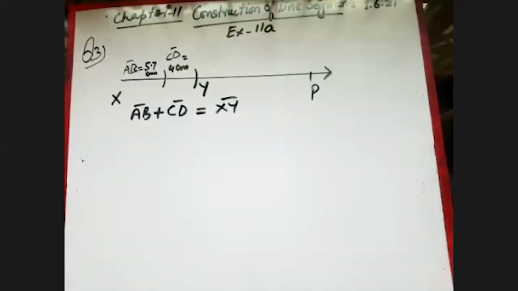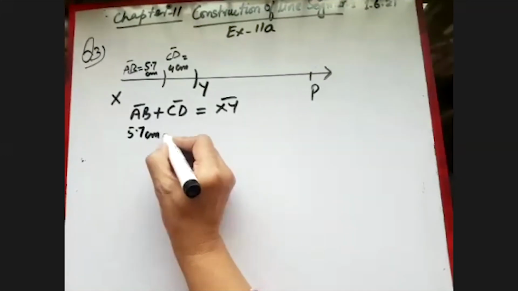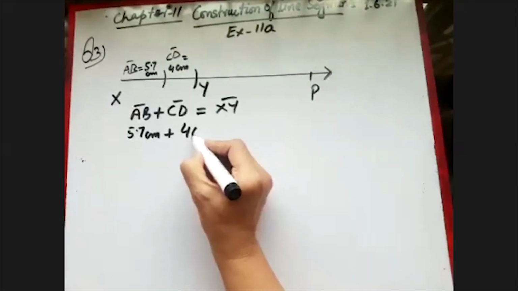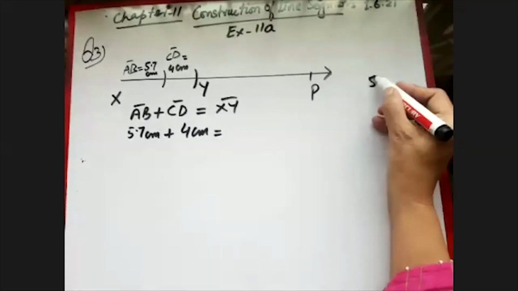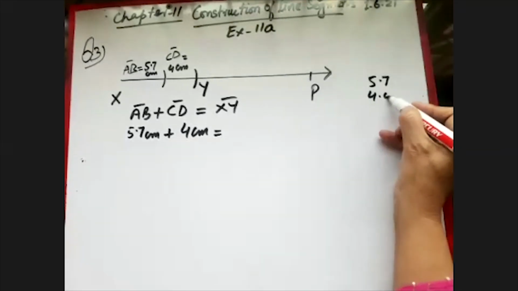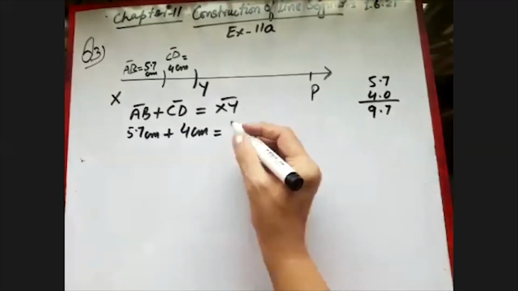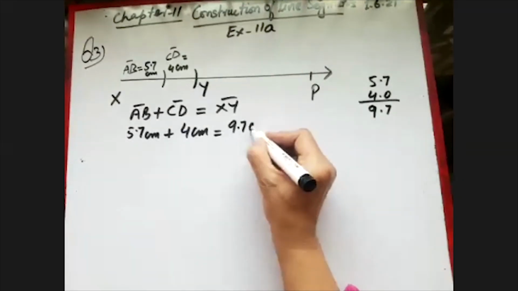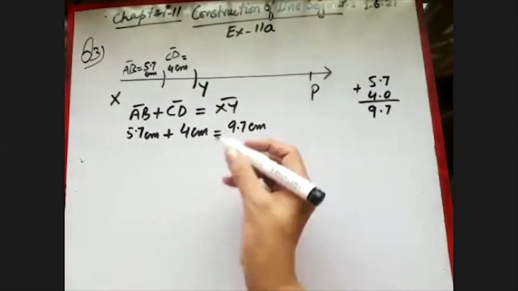So all are line segments, and AB is 5.7 centimeter, added to the length 4 centimeter, and gives you, do the rough work, 5.7 and 4.0 gives you 9.7 centimeter. You added both the lines, so add up the lengths. Now, the total length of line XY is 9.7.